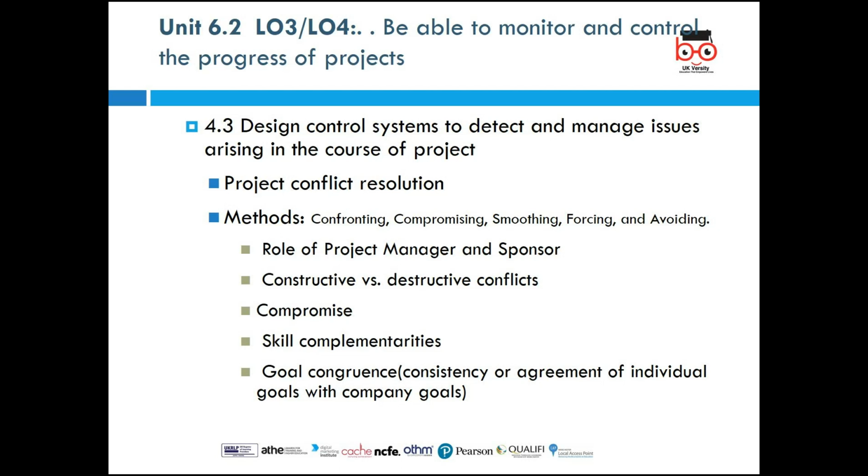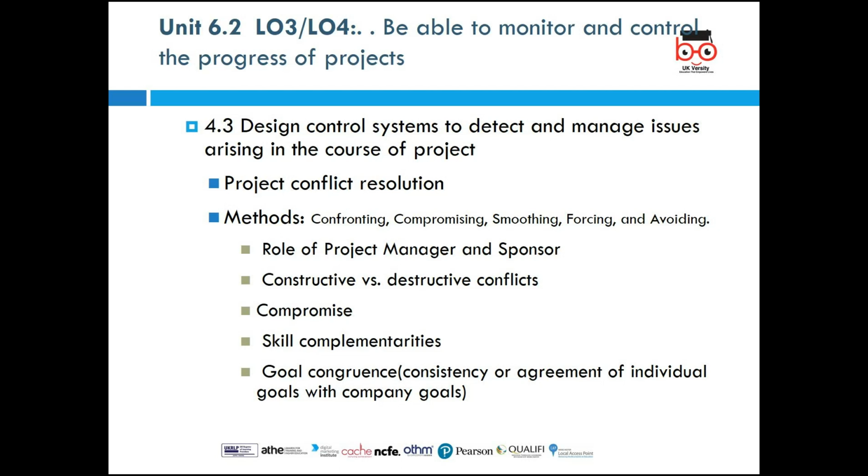when we intend to resolve issues. Okay, again, we have skills complementarities, where different skills from different sectors of the project can come in to complement each other to be able to resolve issues without any problem. And then whatever conflict is to be solved, there's the need for goal congruence, in terms of consistency or agreement of individual goals with the company goals.